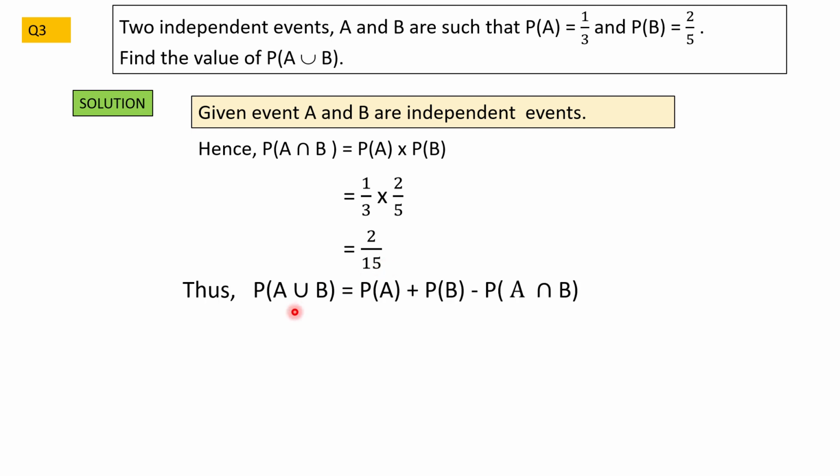Next, if you still remember this formula, probability of A union B equals probability A plus probability B minus probability of A intersect B. Since we have all the values, substitute and simplify to get the answer.